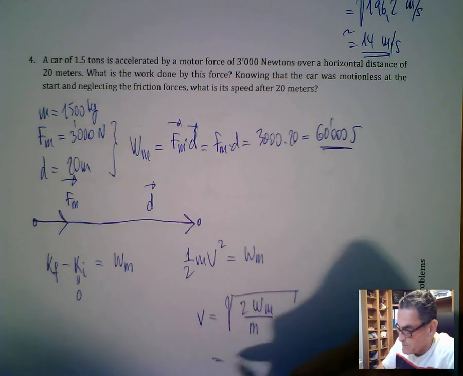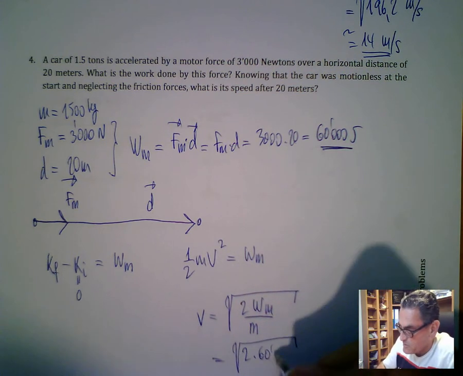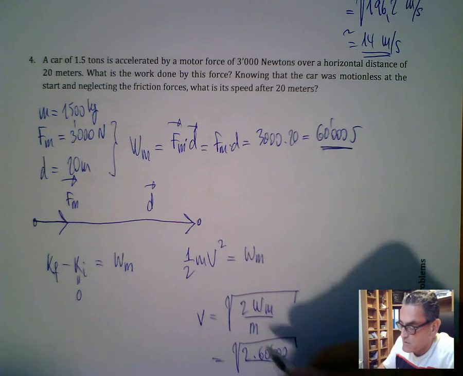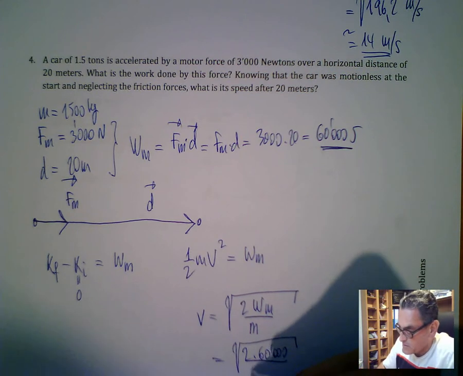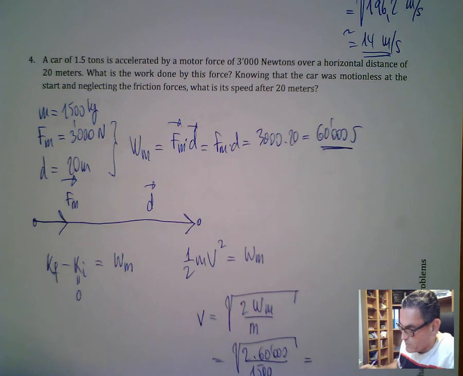Okay, and this gives us the square root of 2 times 60,000 divided by the mass, which is 1,500. I hope I didn't do anything wrong.